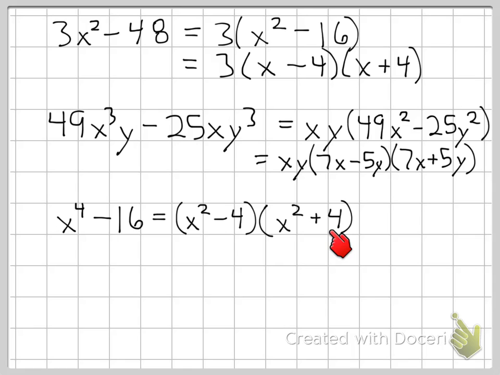Ah, it's not subtraction. This one fits. This one's still a difference of 2 squares. This one is not. We find out later what this actually factors to be. It's not a real solution. It doesn't work for us. Doesn't mean we can't use this. It just means we can't break it down further.